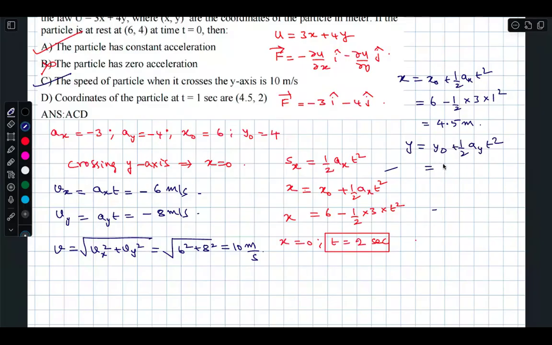Y naught 4 minus a half into 4 into 1, 4 minus 2, 2 meter. So the position coordinates are 4.5 comma 2, which is absolutely correct.